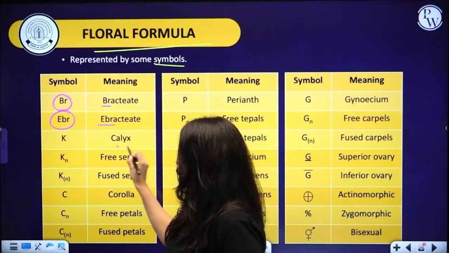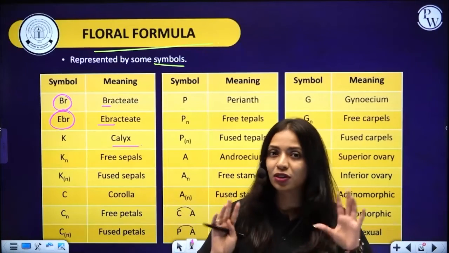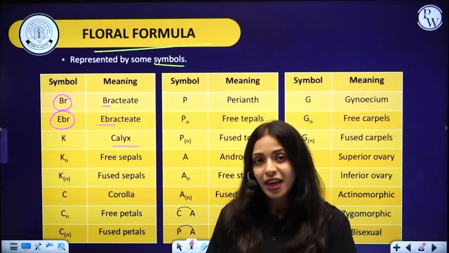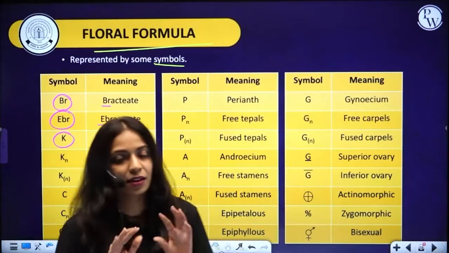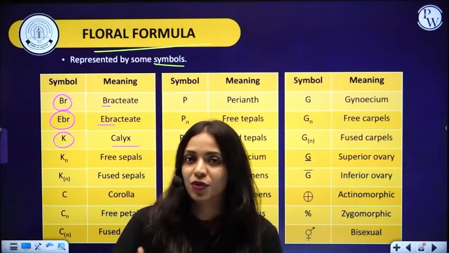Coming next to calyx. You know, calyx includes sepals, right? Collectively, all the sepals together is called the calyx. Now, calyx is represented with capital letter K. Uppercase K represents calyx in a floral formula. Now, calyx will have a number of sepals.